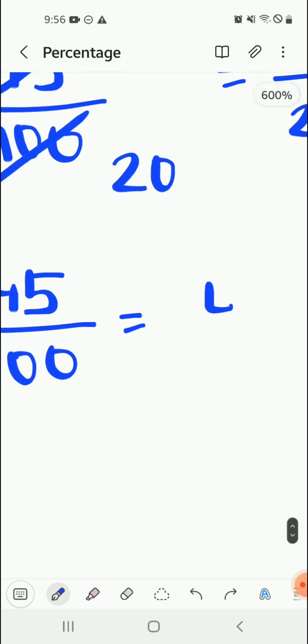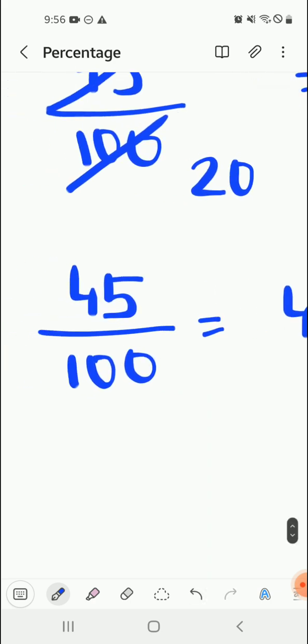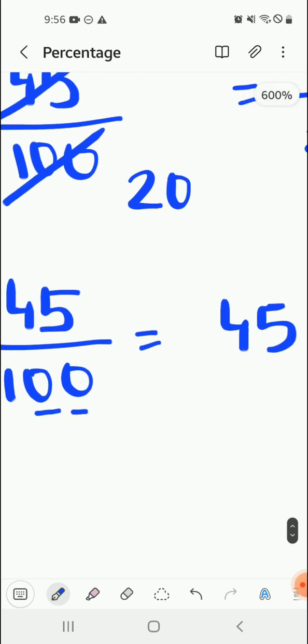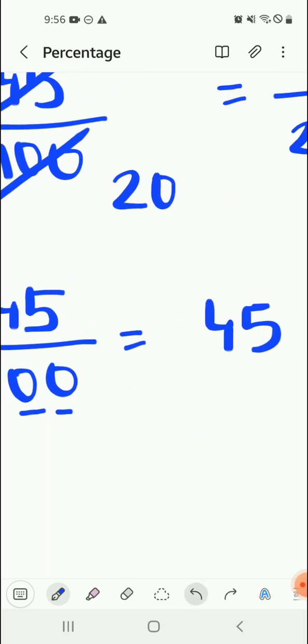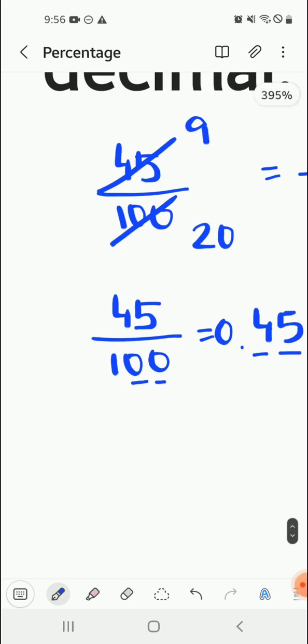So, we write down 4, 5. We have got two zeros. So, from the right, we'll move to the left two places, and then a decimal point is inserted. So, 0.45 becomes my answer. You may or may not write 0, that's up to you. We write 0 usually so that the decimal point is given more weightage, so that we don't lose the vision of this decimal point.